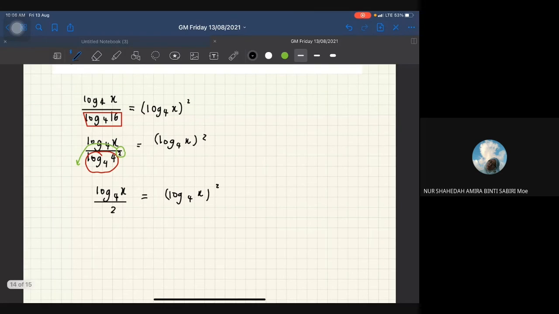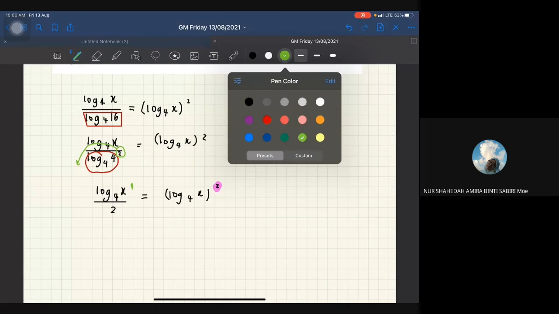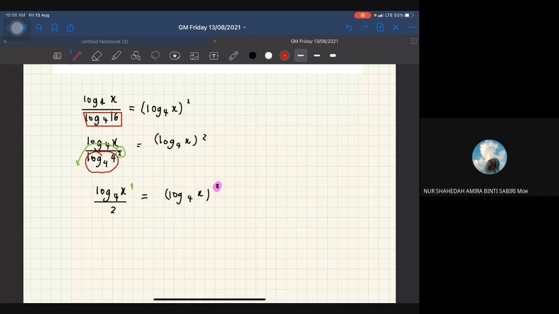Okay, so sekarang awak ada log base 4x on both sides. Okay, and then dekat yang belah kanan ni, dia ada kuasa 2. So maksudnya dia akan jadi kuadratik. Okay, this one adalah kuasa 1. Okay, so apa awak boleh buat adalah untuk mudah, kita akan guna substitution. So you will let log base 4x equal to m.